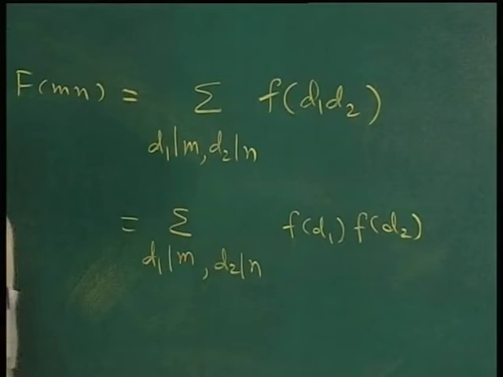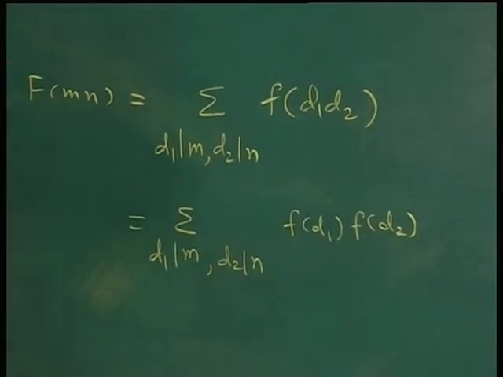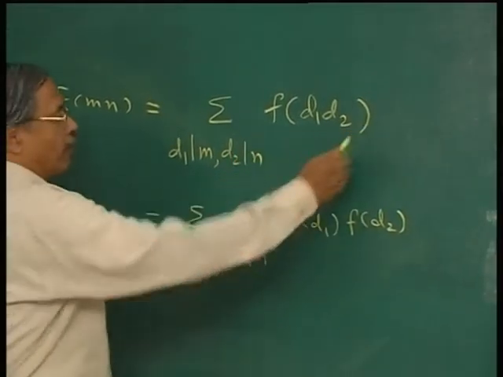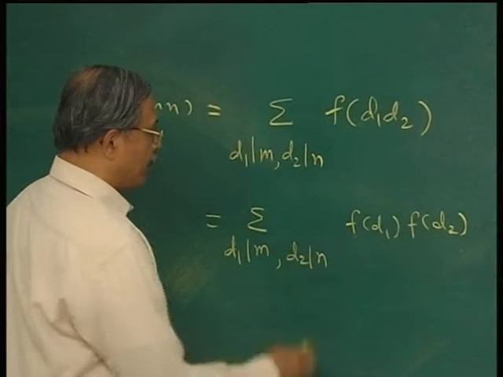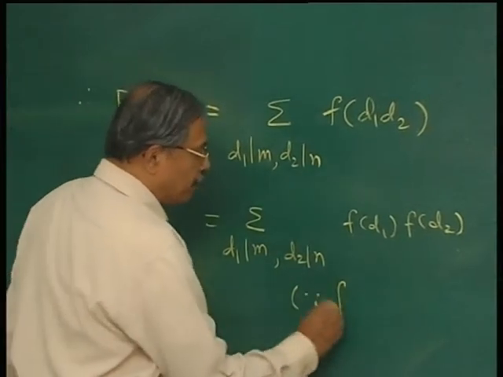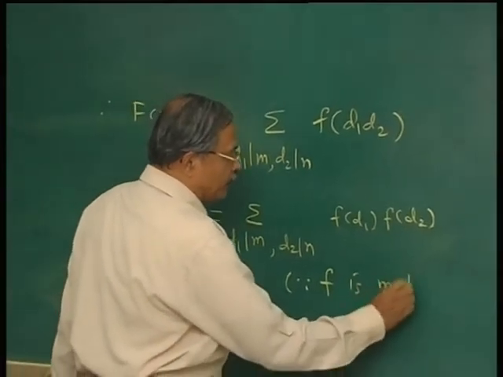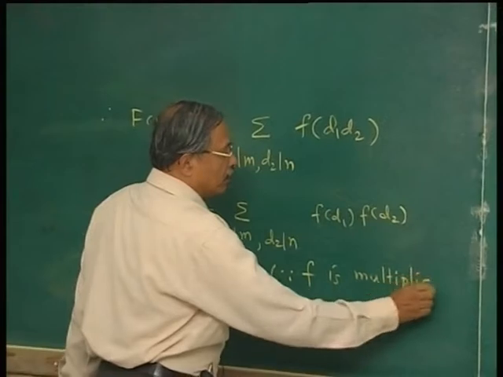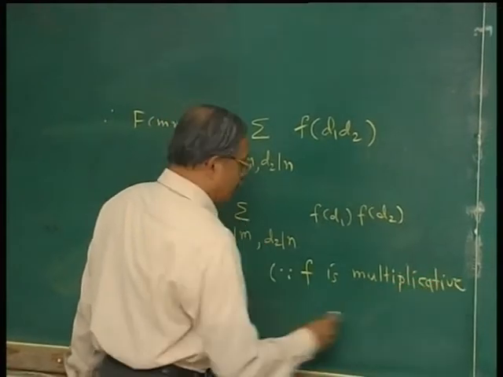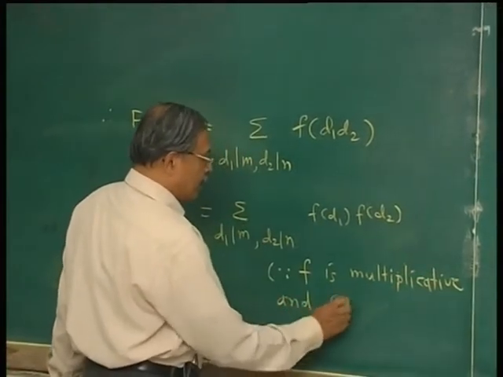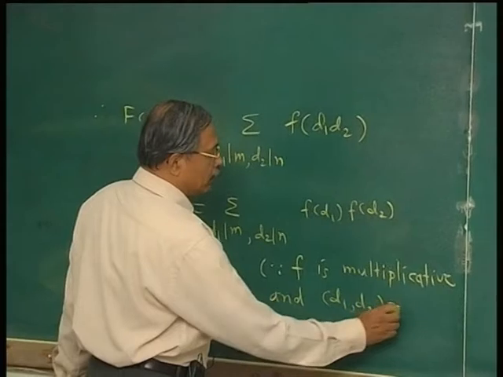Therefore the divisors of m and n are also coprime, and so we can write f(d1 d2) as f(d1) into f(d2), since f is multiplicative and gcd(d1, d2) equal to 1.